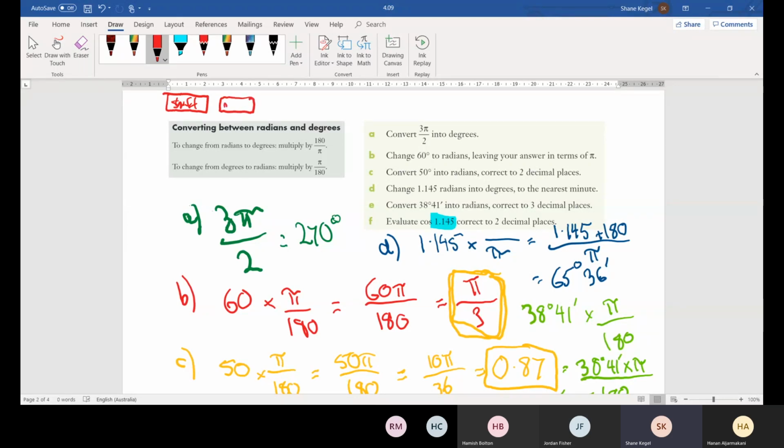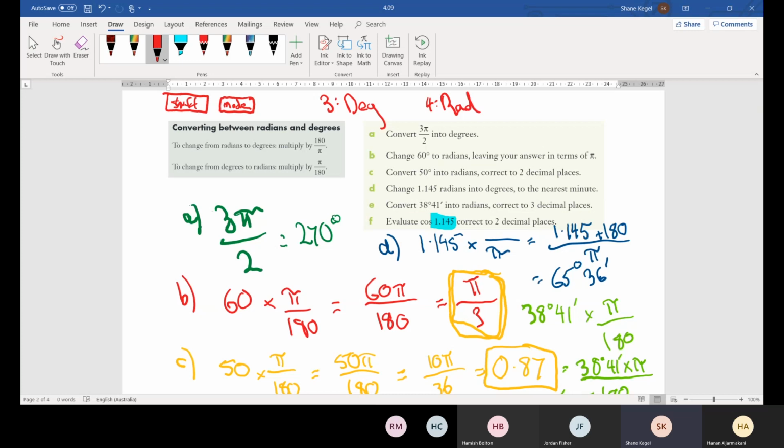The shift button's yellow, meaning choose the yellow option, and setup is with the mode. Then degrees is number 3. If you press 3, you'll get degrees. It looks like this, 3 deg. And number 4 is radians mode. So if you press 4 RAD, that'll put your calculator in radians mode.